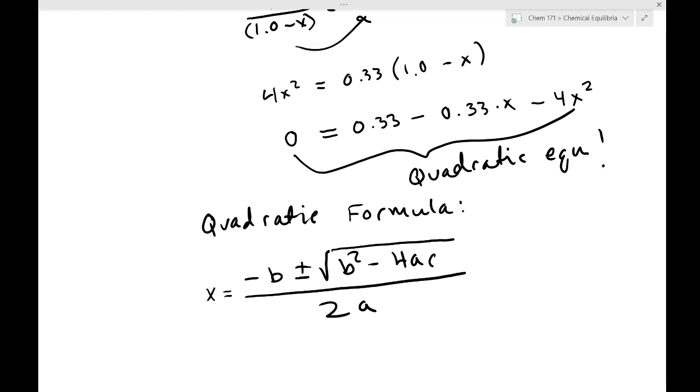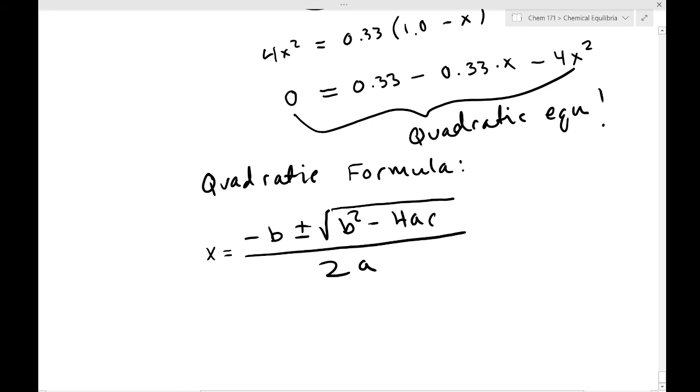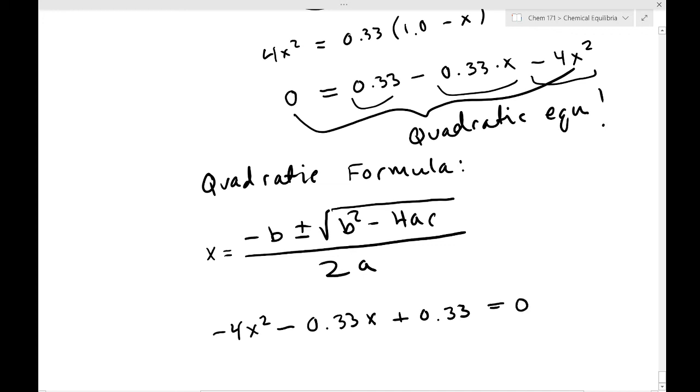Now these b's and a's and c's in here are given as the prefactors for each of the terms within the quadratic formula. Usually you write the x squared term first, then the x term, then the non-x term, equals 0.